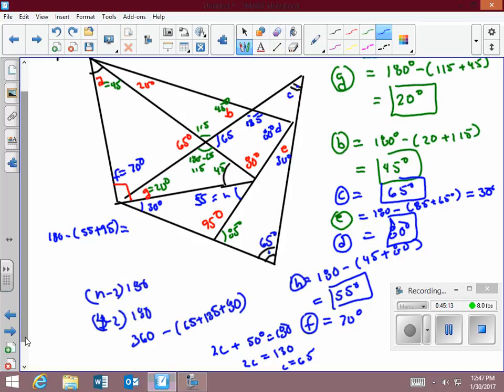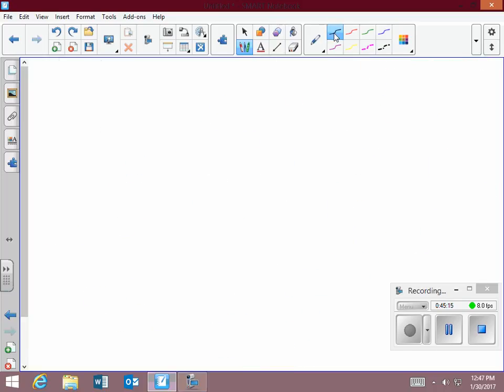All right, 12. It says find the missing angle measures in the quadrilateral shown. So A, quads always equal 540. Yeah, the formula is n minus 2 times 180.